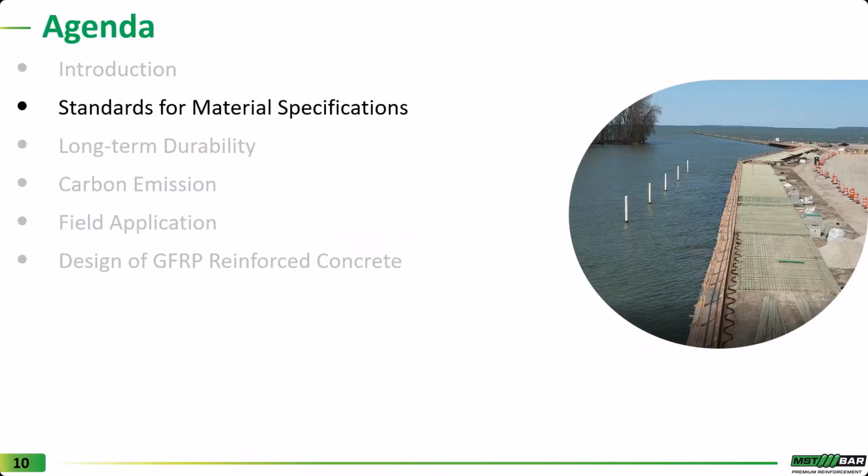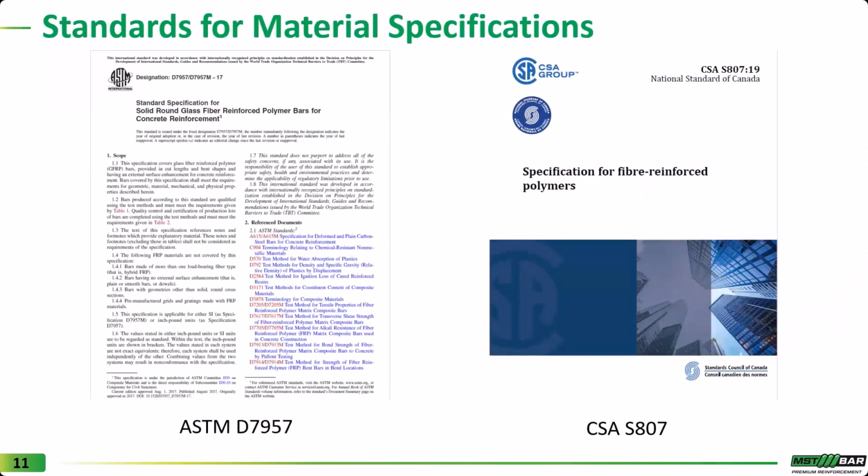So following the slides, I will briefly talk about available standards for material specification of GFRP bars. It is very important to know that not all the GFRP bars that are available in the marketplace can be used in construction applications. And so GFRP bars must meet the requirements of ASTM D7957 in the US, and in Canada, we have another standard that is more stringent than ASTM D7957 called CSA S807.